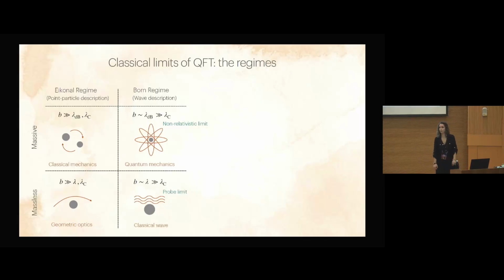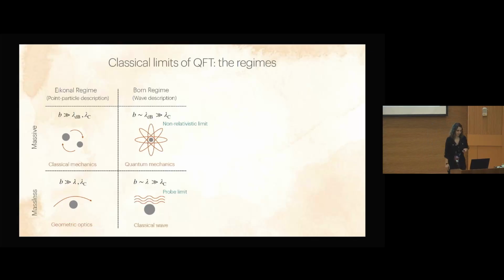So you can think of a ray of light following a null geodesic next to a compact object, like light deflection. And on the other hand, when B is of the order of the wavelength, then it's some kind of spectroscopy experiment where the wave comes in and interacts and then it leaves, and you can tell something about the object you're scattering against. This inequality enforces a probe limit, which basically tells you that the black hole that you're scattering against will not back-react.